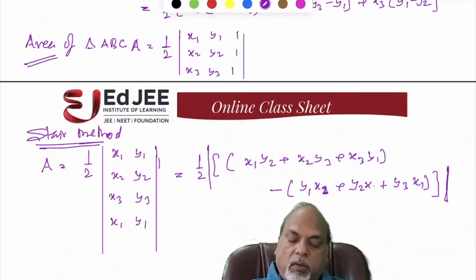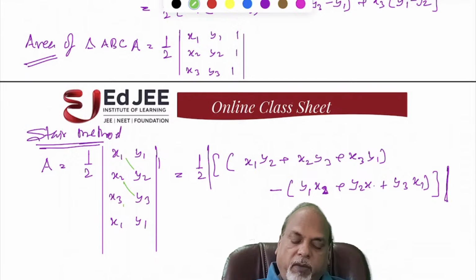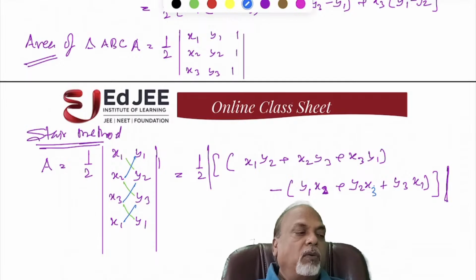X1, Y2, then X2, Y3, then X3, Y1 minus Y1 X2 plus Y2 X3, then Y3 X1. Very simple to remember. Correct?